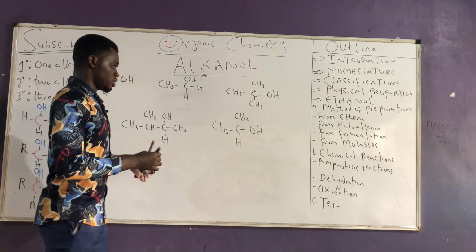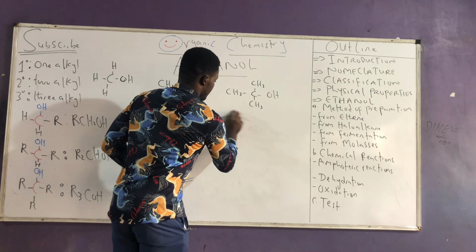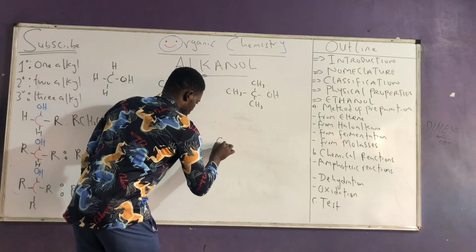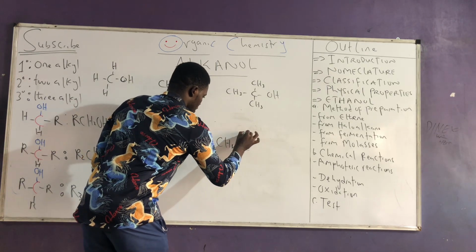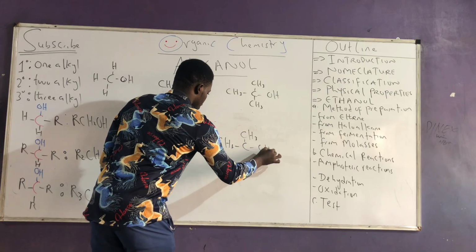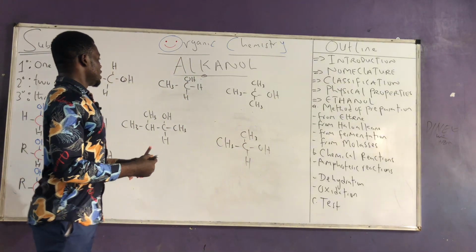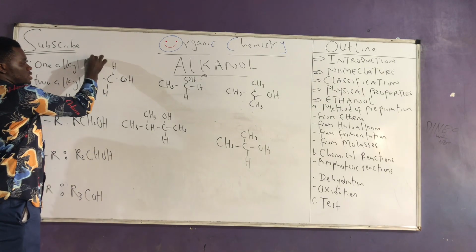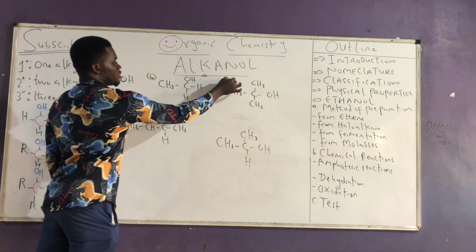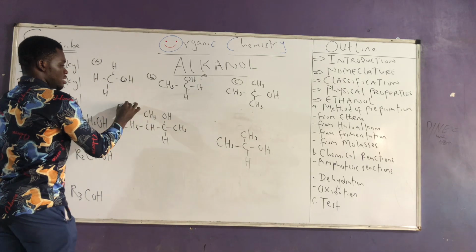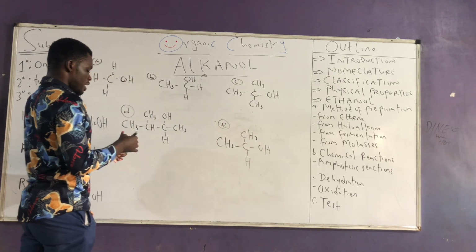So let's stick with this one. Let me bring it down a little bit. CH3, this is CH3, OH, and this is H. So look at these organic compounds. This is A, B, C, this is D, and this is E.